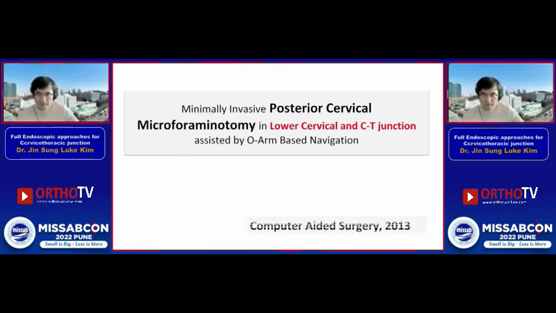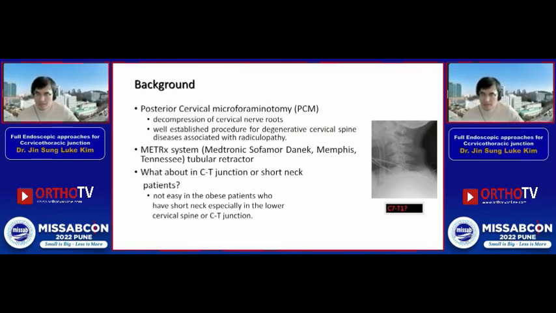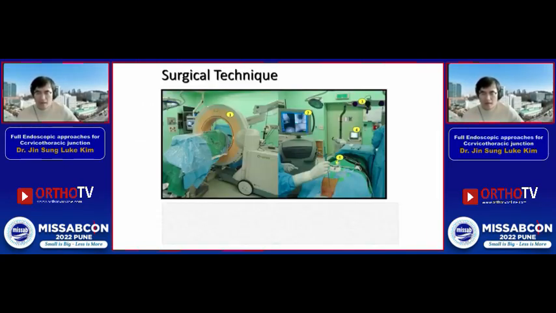I published this article in 2013. It is the surgery under microscope guidance, because I felt that in the CT junction it is pretty difficult to identify the location. So I love to use the O-arm navigation for exact targeting of the CT junction right here.